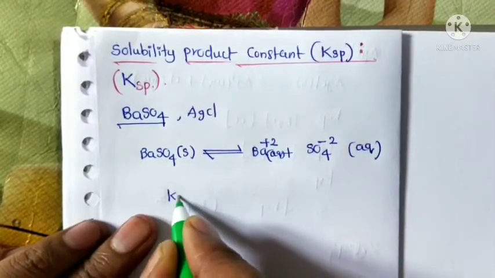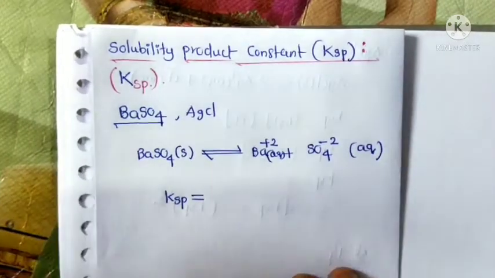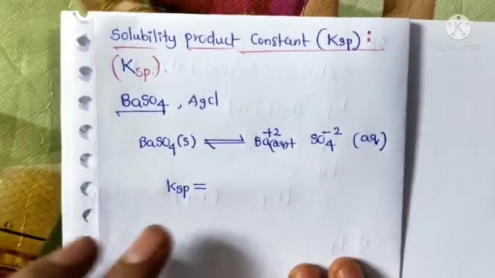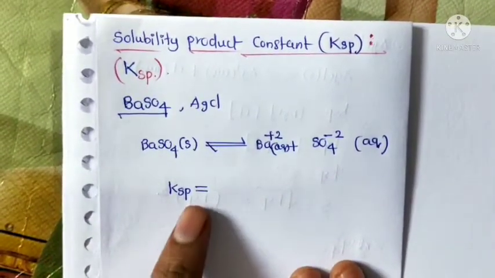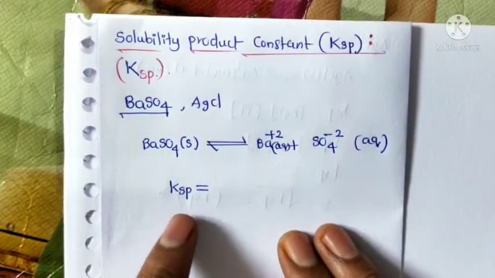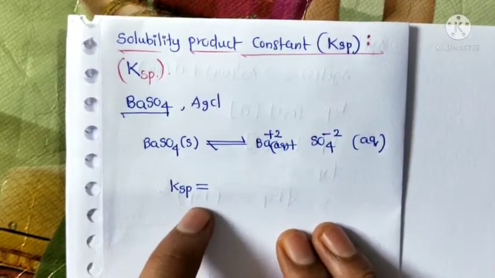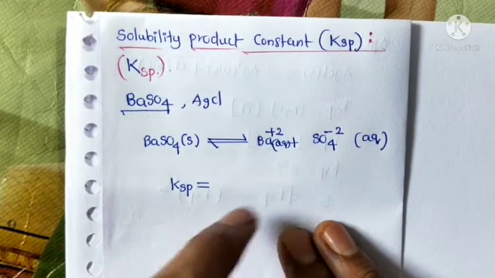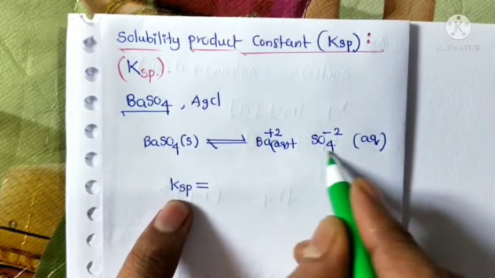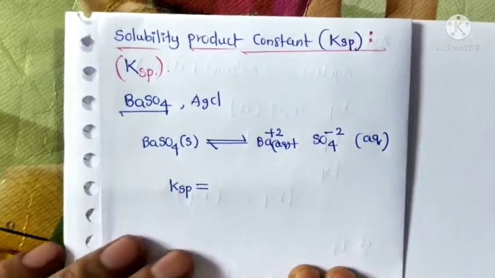So solubility product is nothing but the equilibrium constant for a sparingly soluble salt. In the previous class we already learned the chemical equilibrium or equilibrium constant expression. So here that equilibrium constant expression we call the solubility product, KSP. Here, product concentration is divided by reactant concentration.